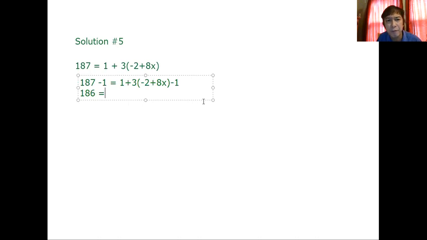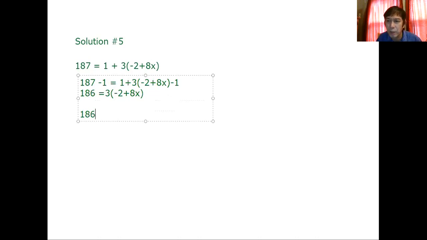We will be having the right side now just 3 times the quantity negative 2 plus 8x. And now we can actually divide. 186 is divisible by 3, so if we divide by 3, the 3 here will cancel out with the 3.